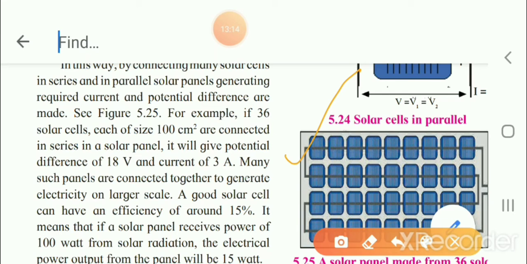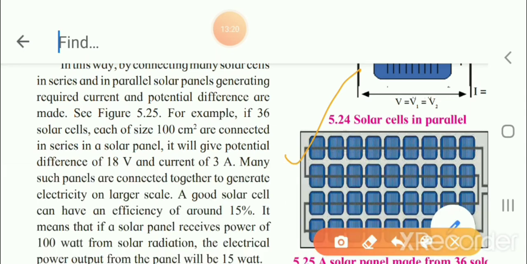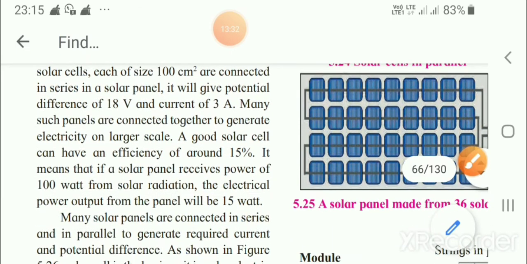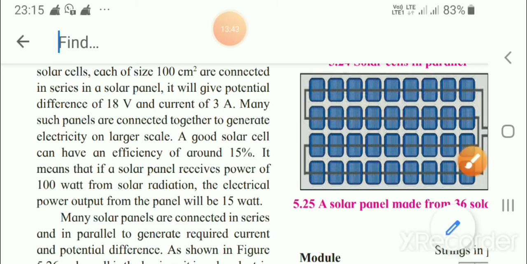You can see here so many photovoltaic cells are connected. I'll show you. These all are the photovoltaic cells which are connected here. So this is a solar panel which is made from 36 solar or photovoltaic cells.